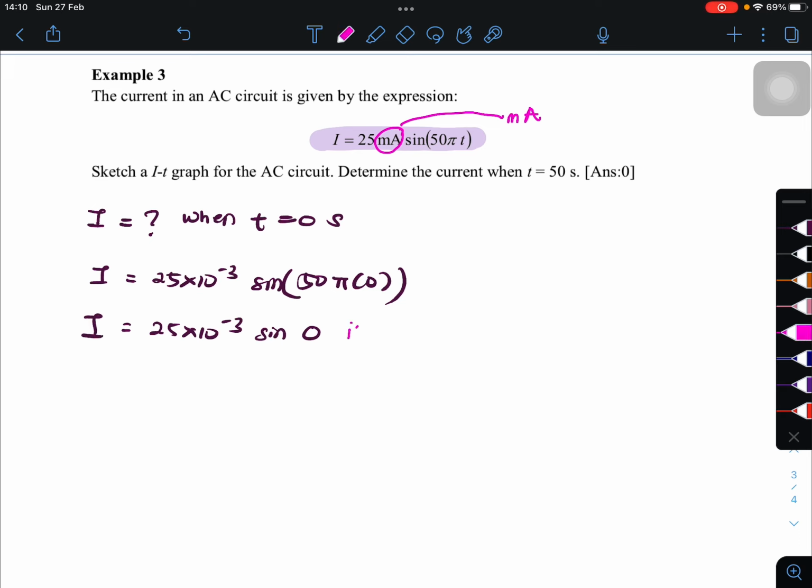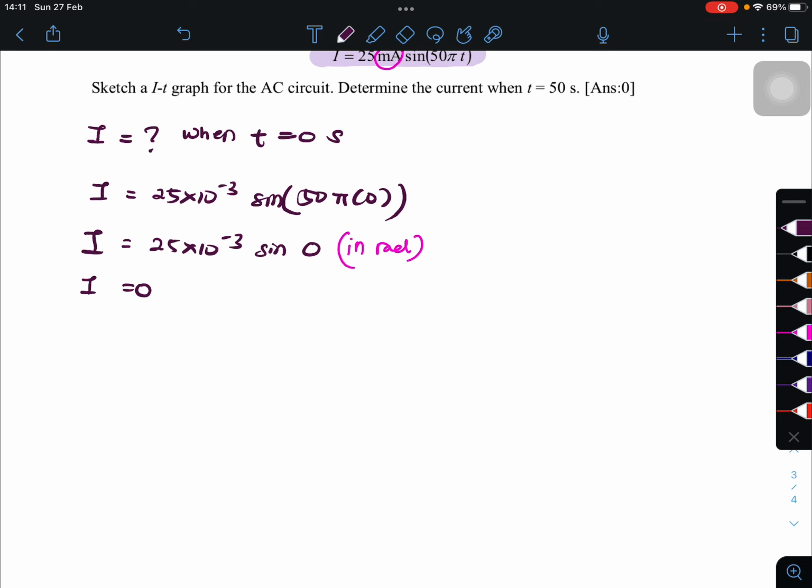So your calculator in radian mode, bila kamu tekan sin 0 will be equal to 0. So maksudnya dekat sini current adalah sama dengan kosong. So apabila t sama dengan kosong, current pun akan sama dengan kosong. Meaning that our graph will start from 0.